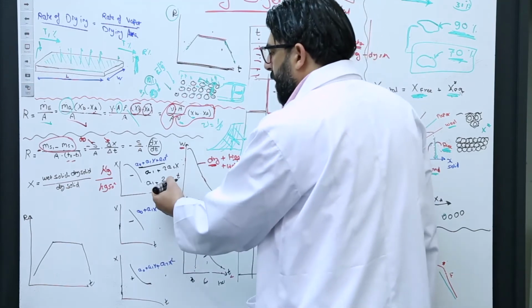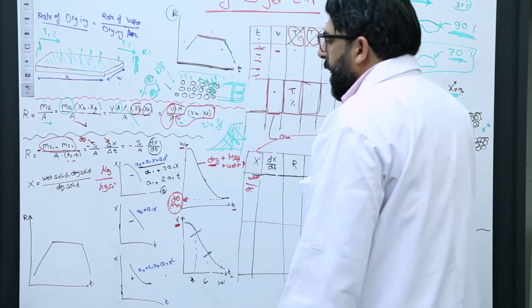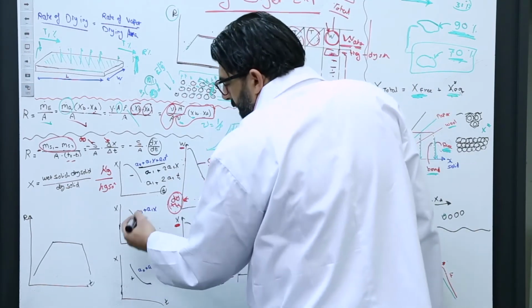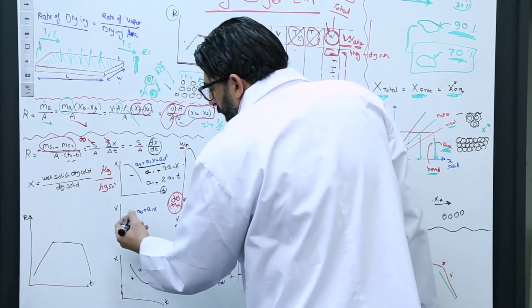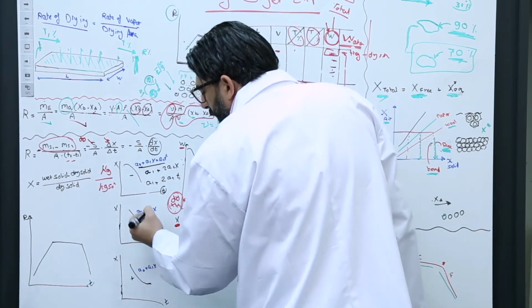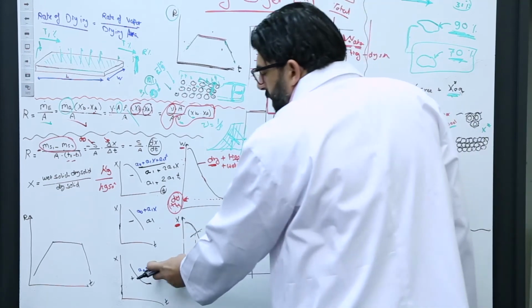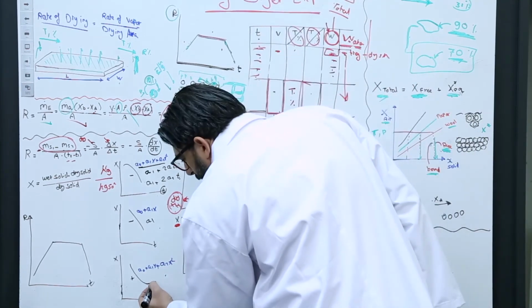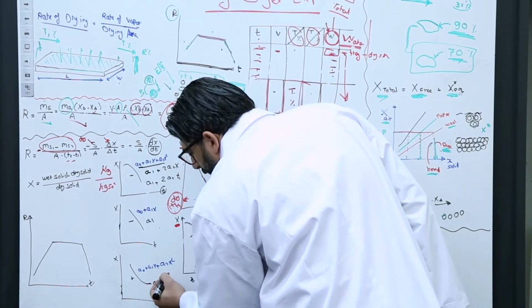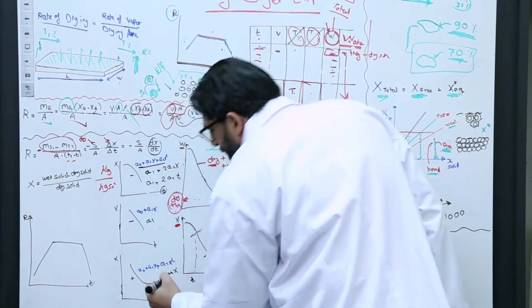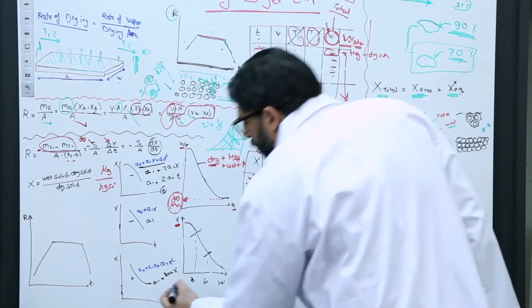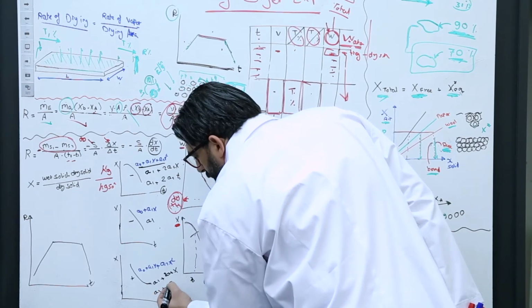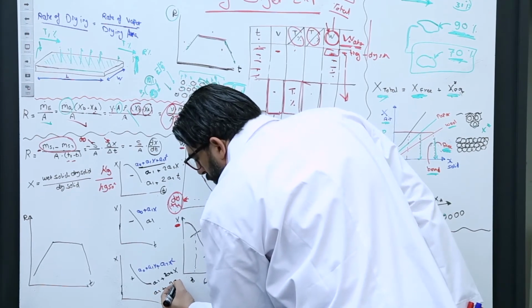No, it's a function of time. Okay, and here, the differentiation of this equation will be only A1, and for the falling it will be A1 plus 2A2x. So it will be A1 plus 2A2 time.